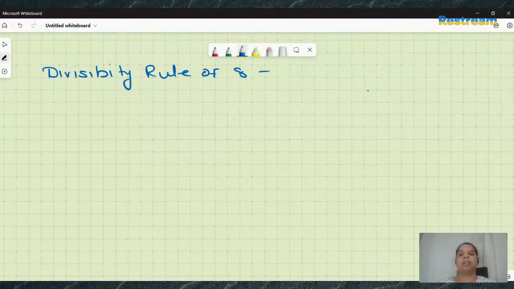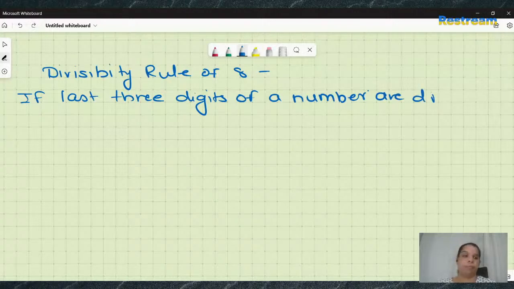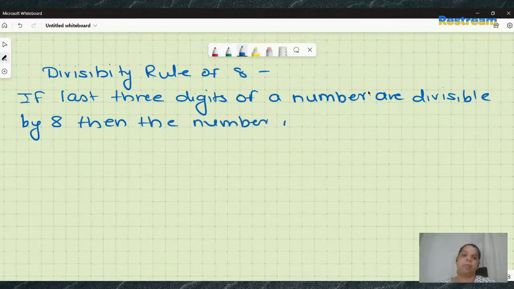Now this rule states that if the last 3 digits of a number are divisible by 8, then the number is divisible by 8. So let's take an example.